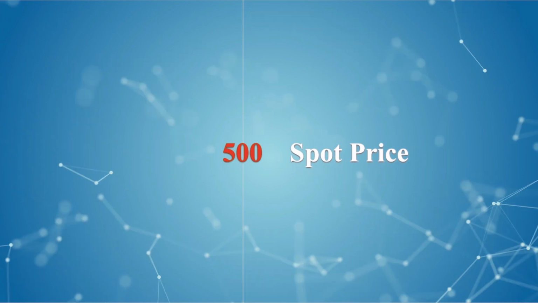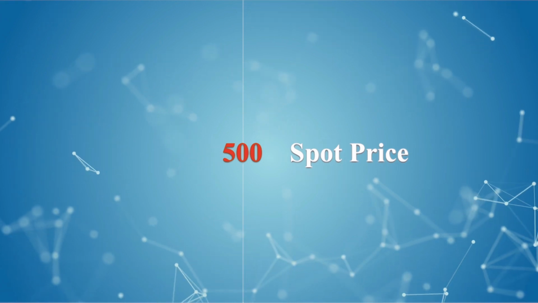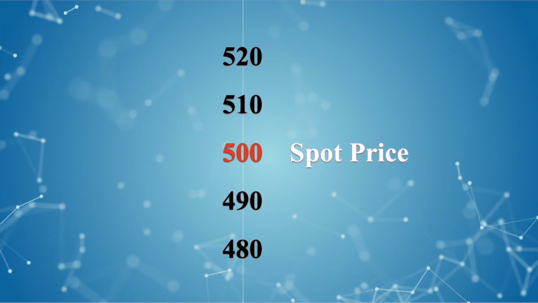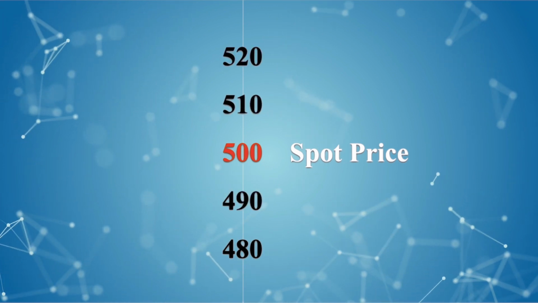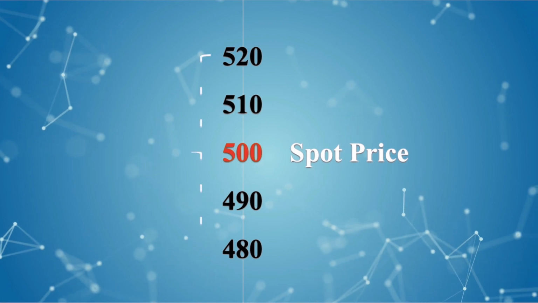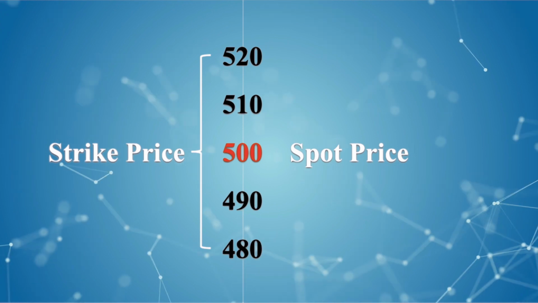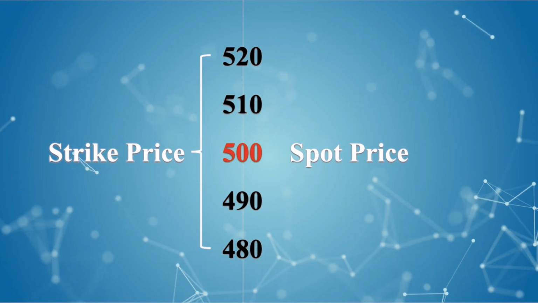Option contracts are available at different levels like 480, 490, 500, 510 or 520 and so on. These levels are known as strike prices. We can exercise option contract at any of these strike prices. Hope you understand about spot price and strike price very well.